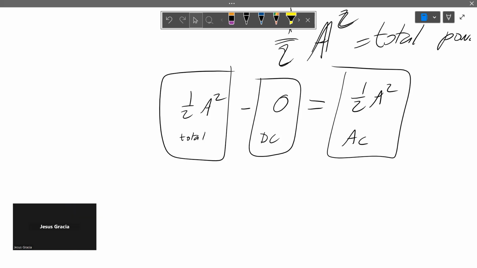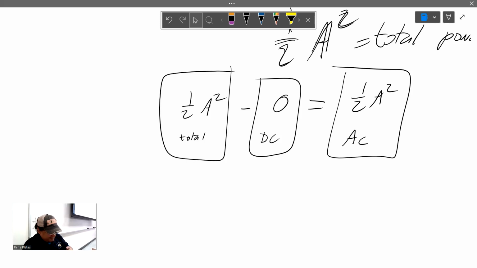Any more questions on the exams or the finals? Exams or quizzes? We can do AM modulation, FM modulation, phase modulation, pulse code modulation, delta modulation.